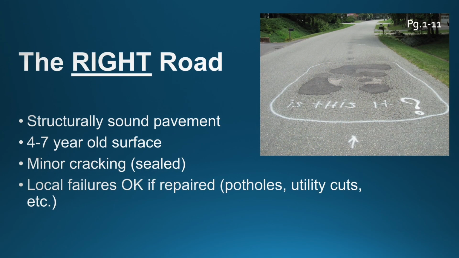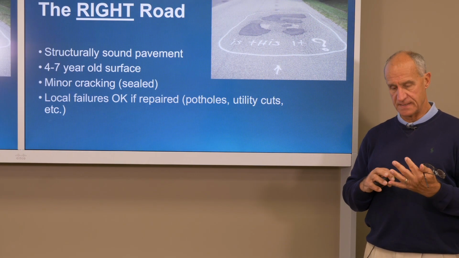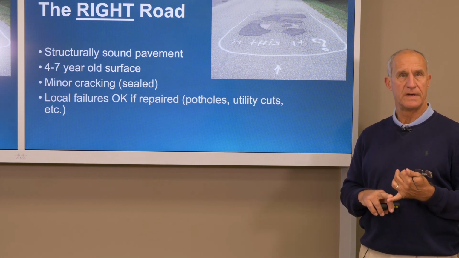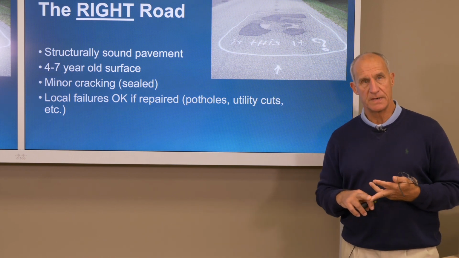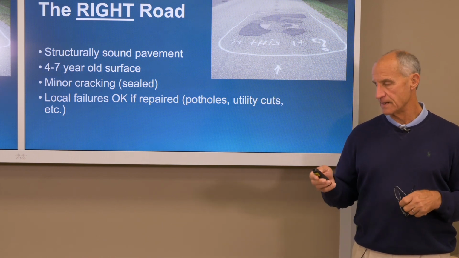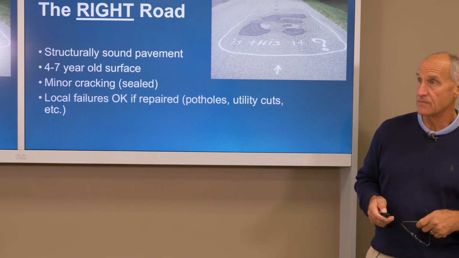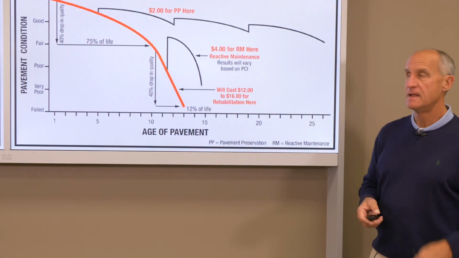You can see here there's some throw and go patching that was done in this little slide picture here, but if you've got some localized failures, certainly don't rule out a pavement that has a need for some minor pothole repairs or some utility cuts that need to be leveled, or even some deep repairs that need to be made on a random basis. These pavements can still be salvaged by slurry seal treatment in the proper preparation.